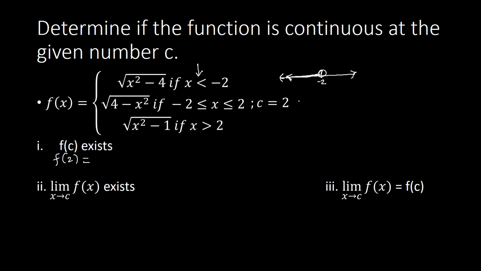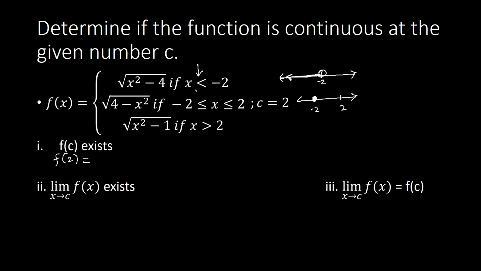Going over to the second function, drawing the number line, we have the basis here as negative 2 and positive 2. Once we say x is greater than or equal to negative 2, this negative 2 is included, and the values that are greater than negative 2.